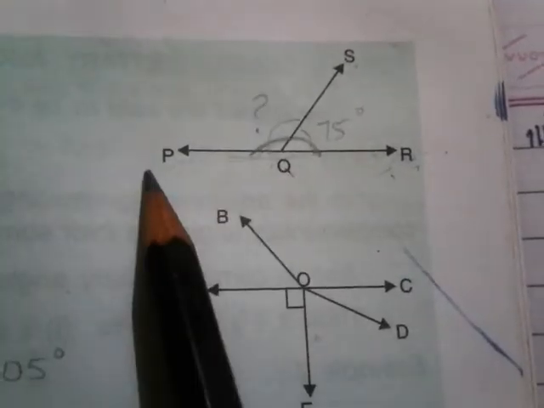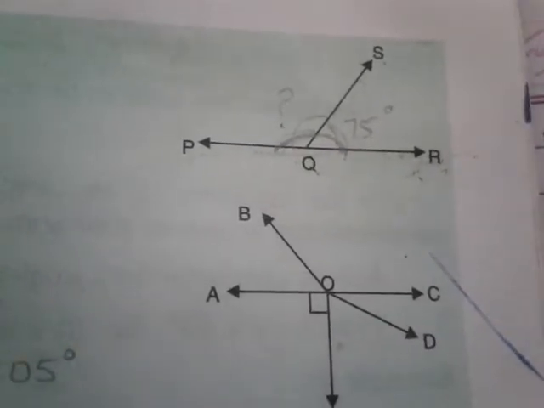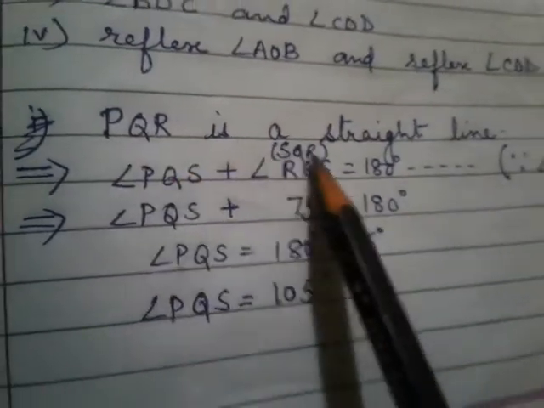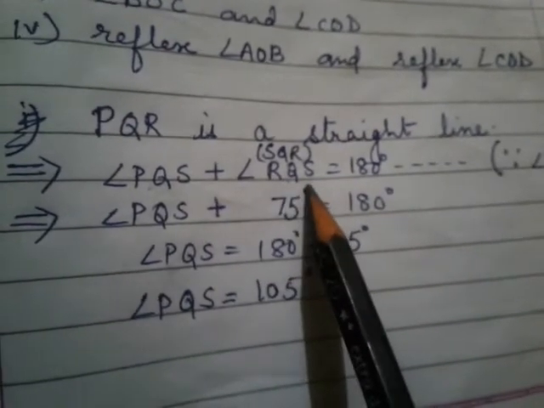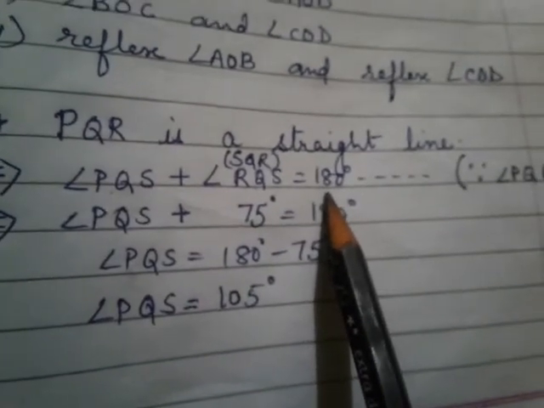So angle SQP plus angle SQR, this angle plus this angle, is equal to 180 degrees. I have written this here: PQR is a straight line, angle PQS plus angle SQR, or RQS, one and the same, is 180 degrees.